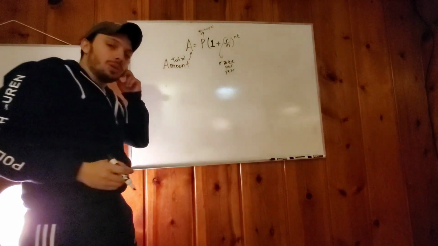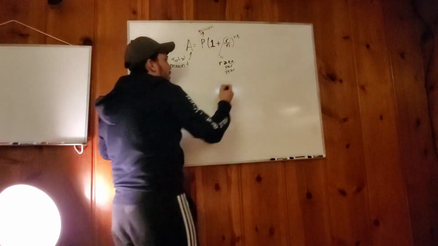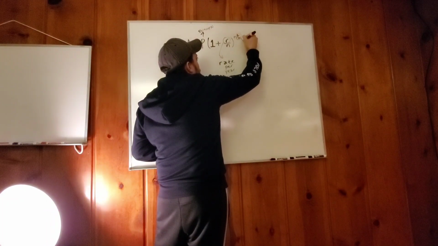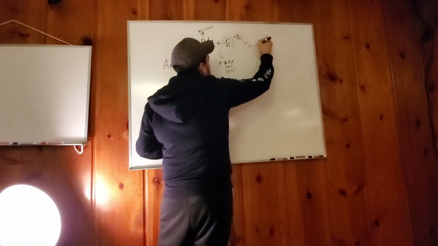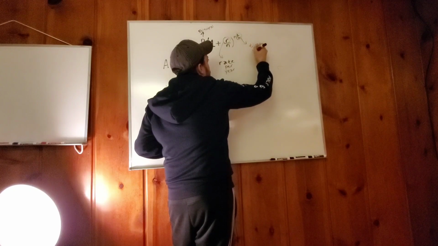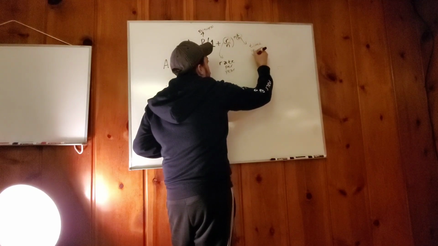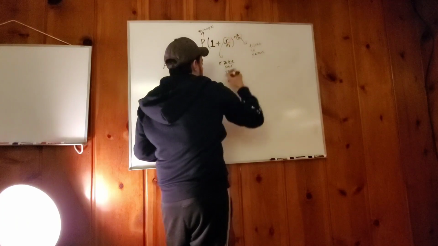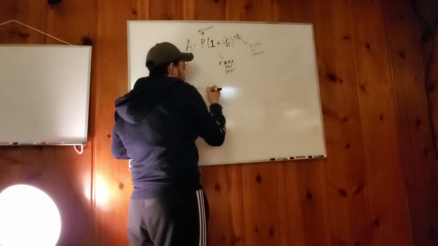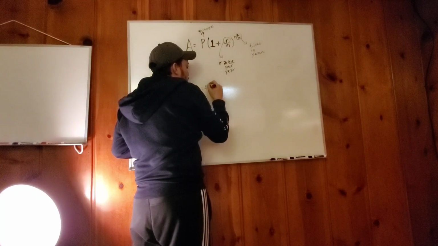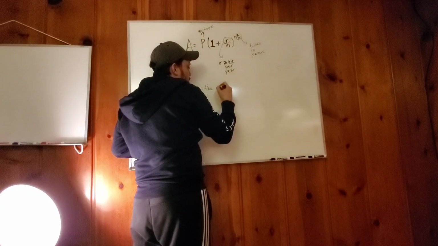And then we're going to have N. T is time, obviously. So this T right here, I know it's a little bit small, is time, still in years. But then we have N. And N means the number of times it's compounded per year.